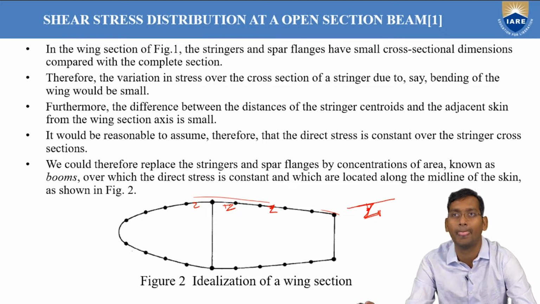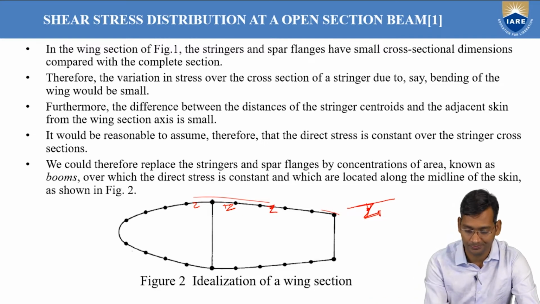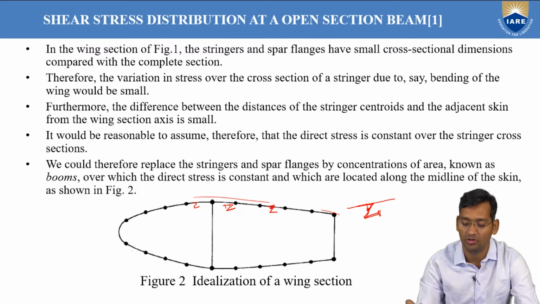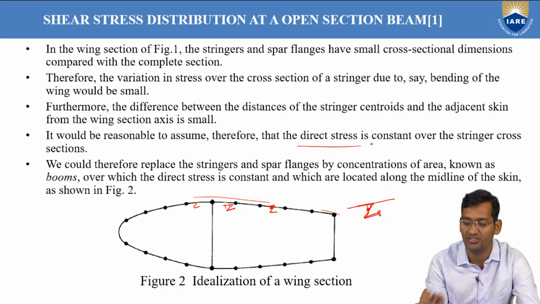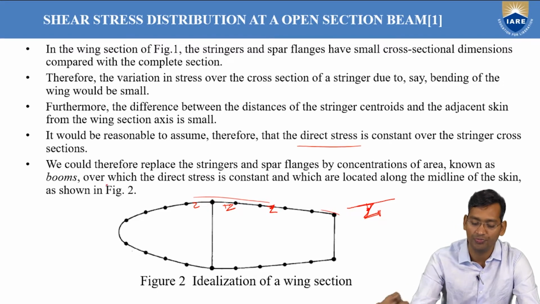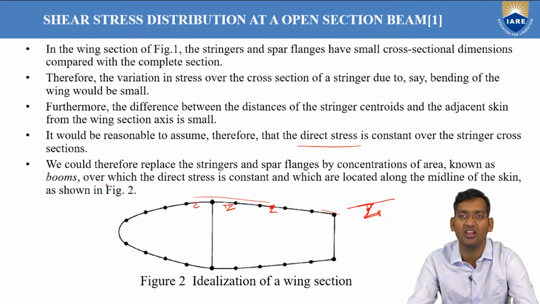We could therefore replace the stringer and spar flanges, since the direct stress is not affecting that much; it's just constant. We would therefore replace the stringer and spar flanges by concentrations of area.